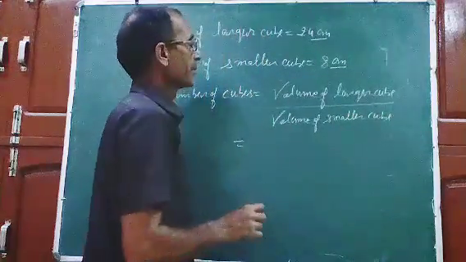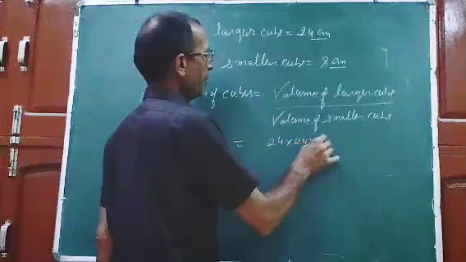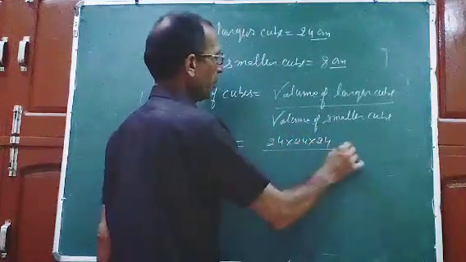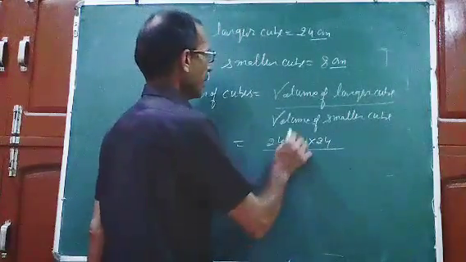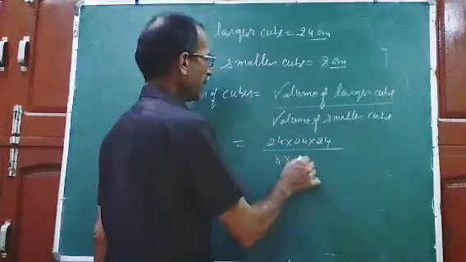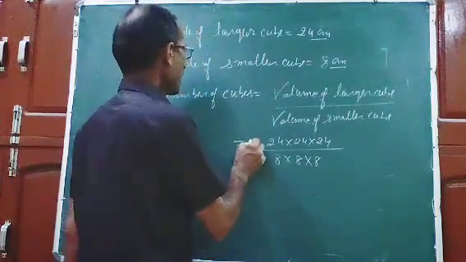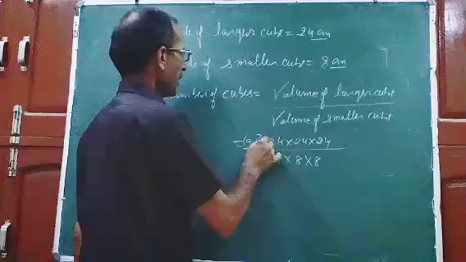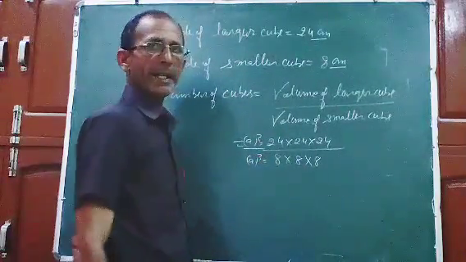Volume of larger cube is 24 multiplied by 24 multiplied by 24, because volume of cube is side cube, and volume of smaller is 8 multiplied by 8 multiplied by 8. It means a cube, where a is 24, and here also a cube, where a is 8.